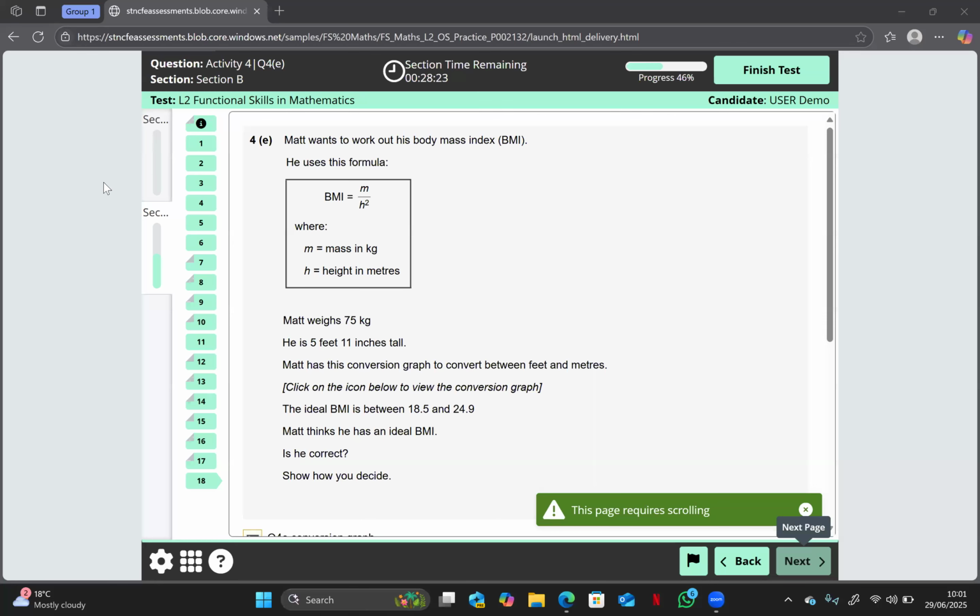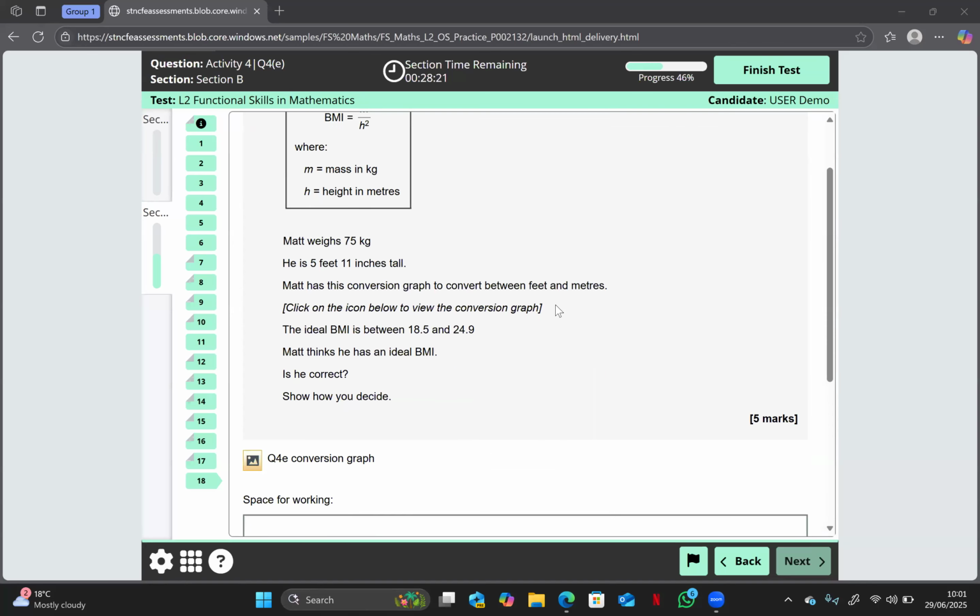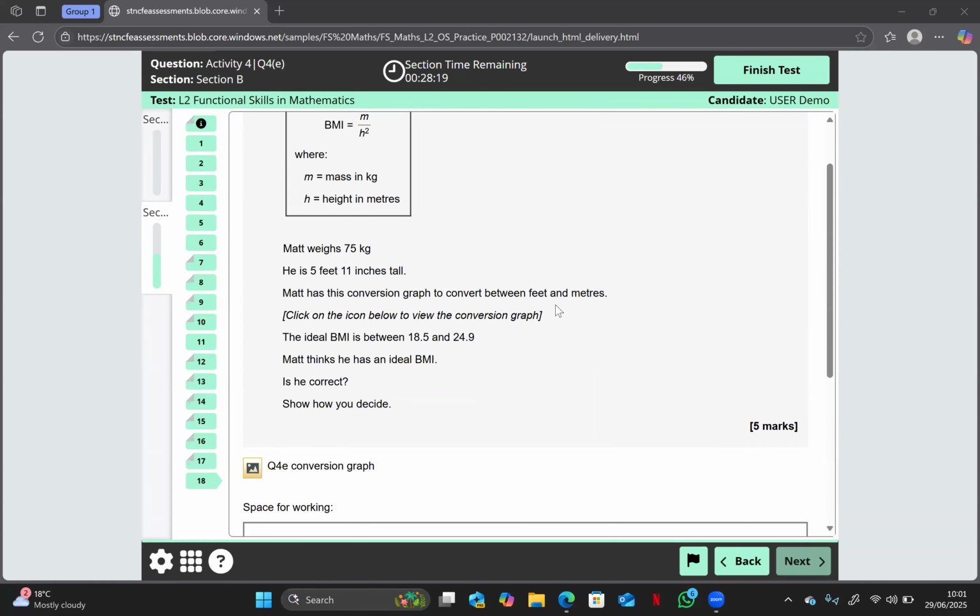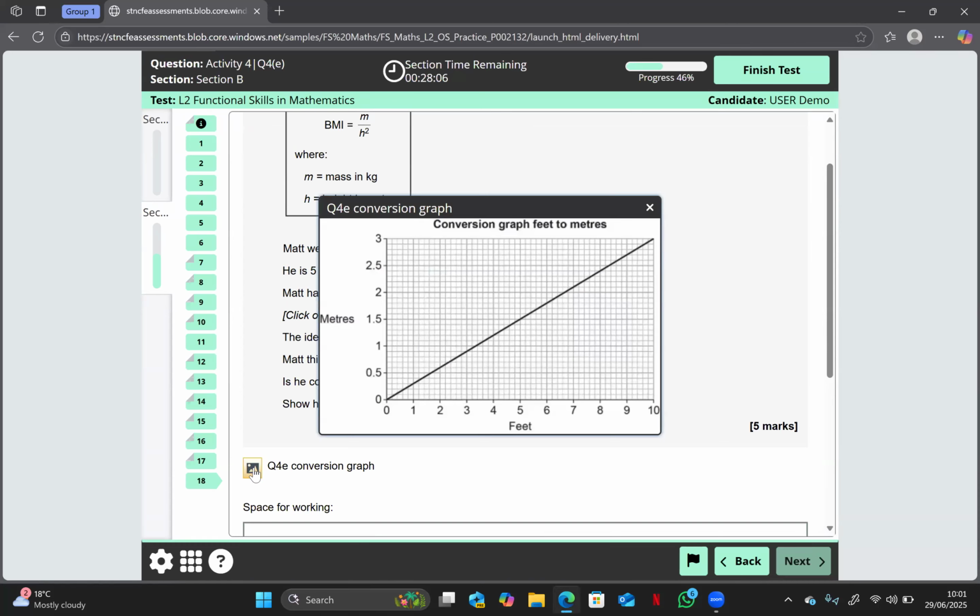Matt weighs 75 kg and he is 5 foot 11 inches tall. Matt has this conversion graph to convert feet into meters. Click on the icon below to see the graphs.